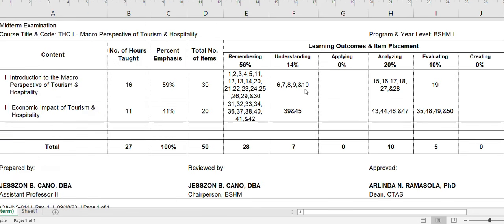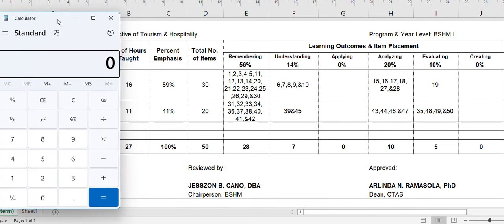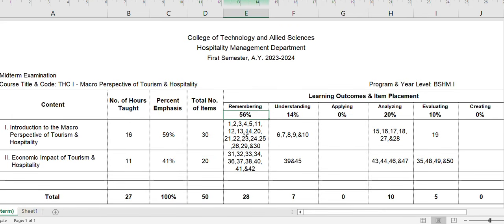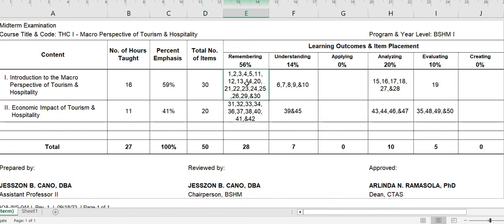So again, we need to double check if they have these exact total numbers or percentage. And one last, we need to check also here. In the old format, we can observe that if, for example, we have the items 1 to 5, what we did is we just put 1 dash 5.